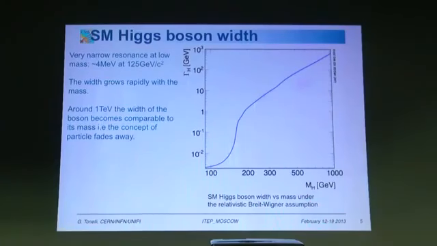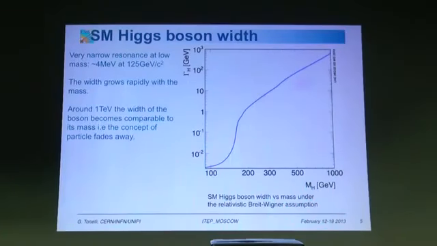The width of the Higgs boson changes with mass. This is another complication. So we are looking for something that in the very low mass region is very narrow, a few MeV, much smaller than the detector resolution. So the width that you measure will be dominated by the detector resolution. The natural width is really a few MeV, 3–4 MeV.